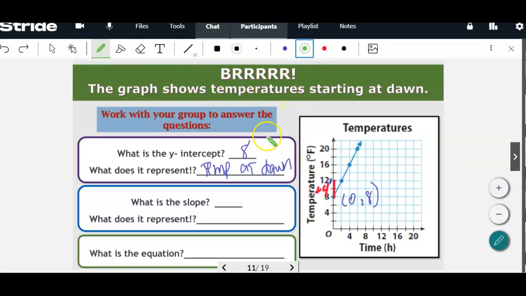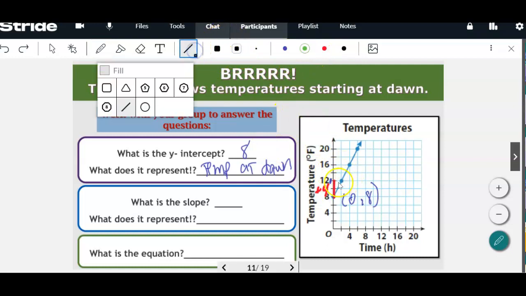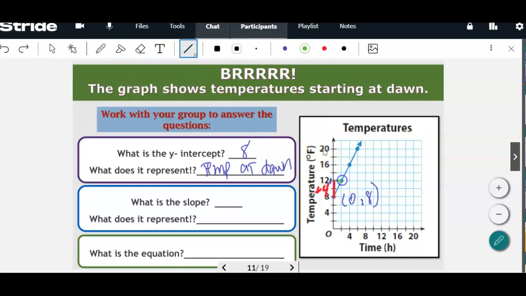And then it runs over, looks like 1, but look at the scale down here. This is 0, this is 4, so this is 2. So it actually is plus 2. So my slope is 4 over 2, which simplifies to 2. Oops, I ran out of room there. So my slope is 2.